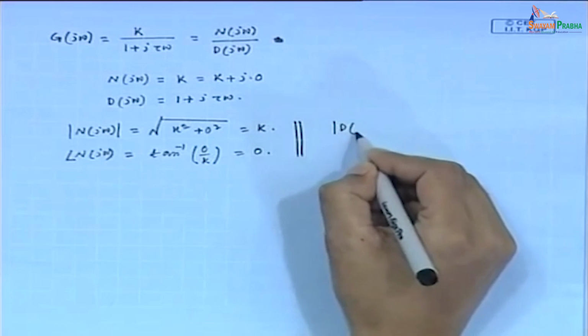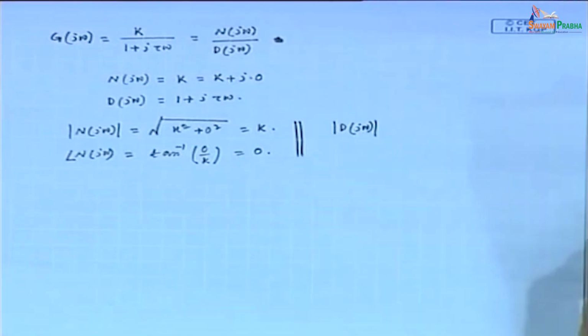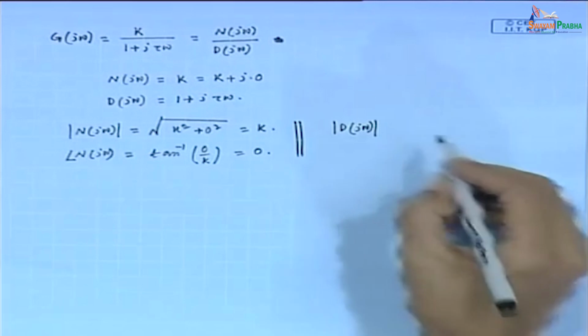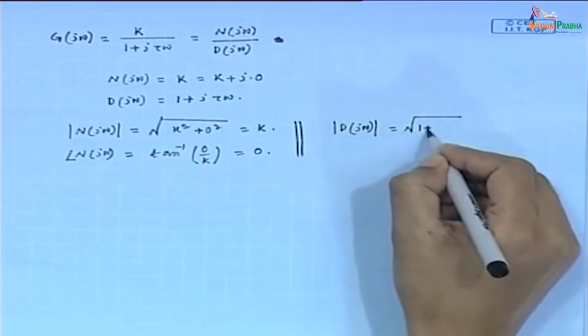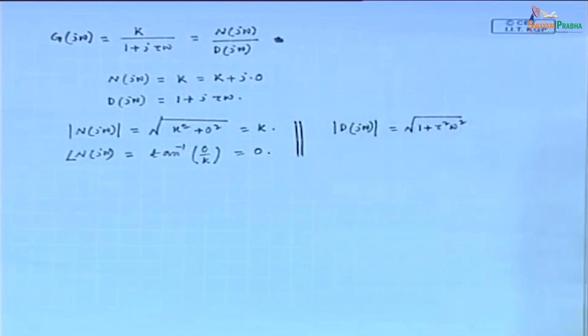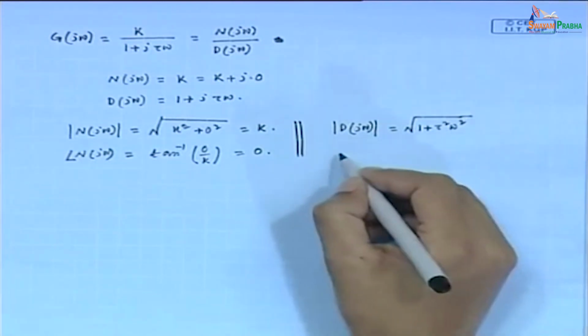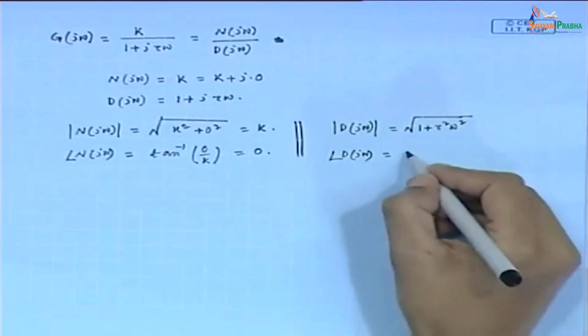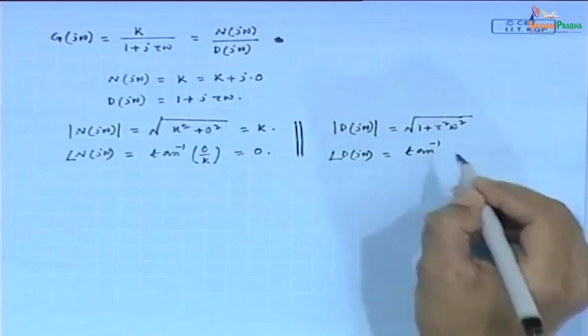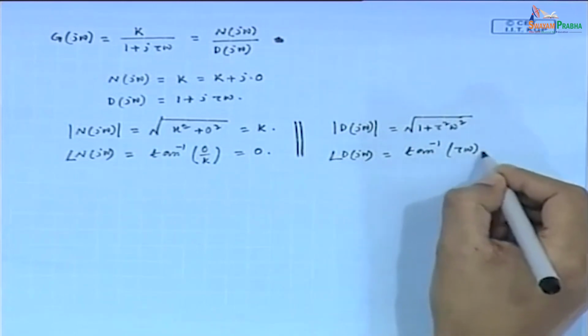Similarly, for the denominator, we obtain the magnitude as root of 1 plus tau square omega square. Agree? The real square plus imaginary square whole to the power half, and the argument is equal to tan inverse tau omega.